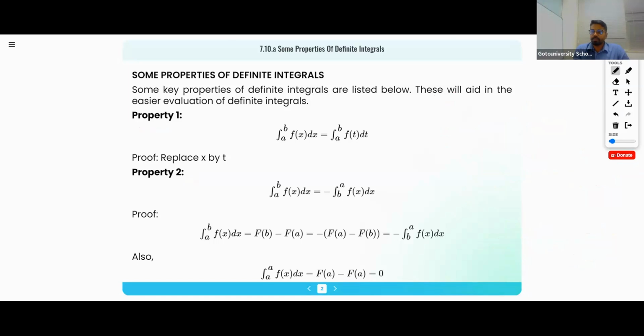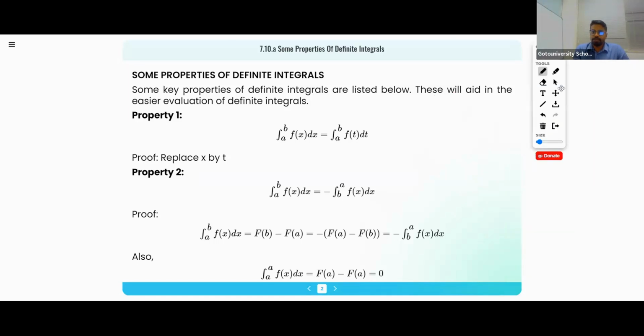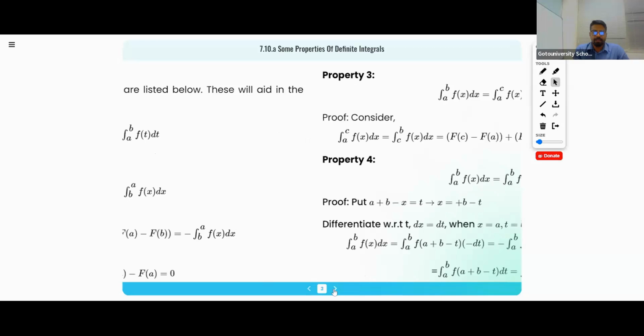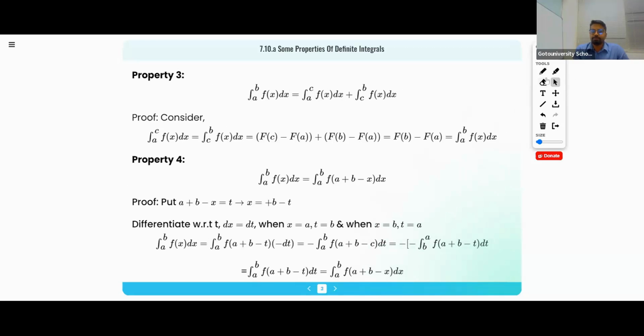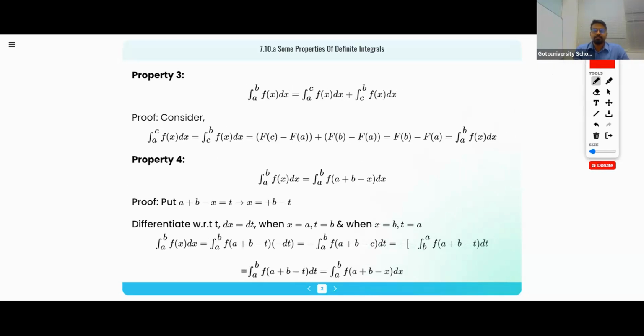Okay, now we have the next property. Please pay attention to these properties.